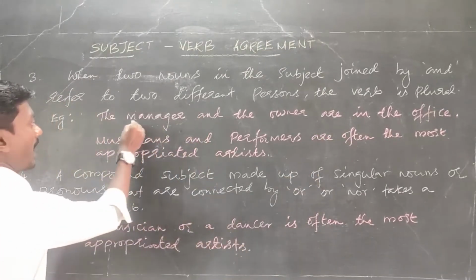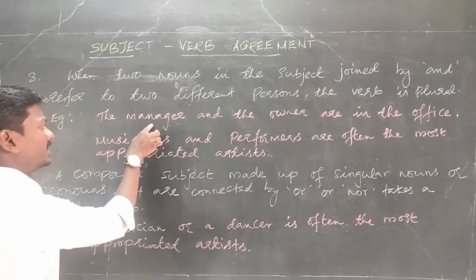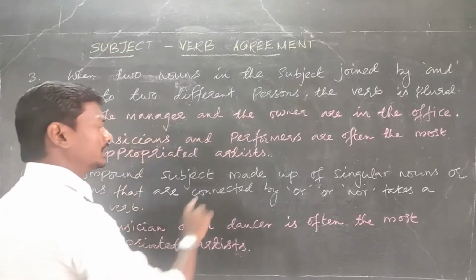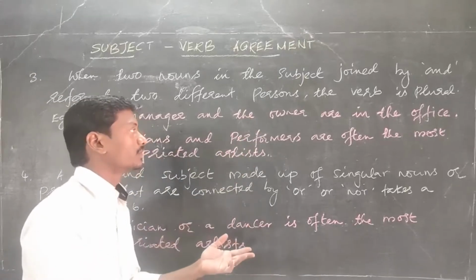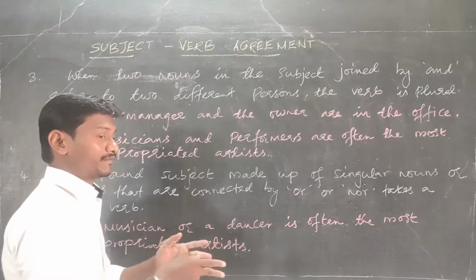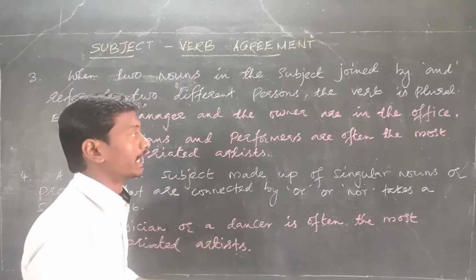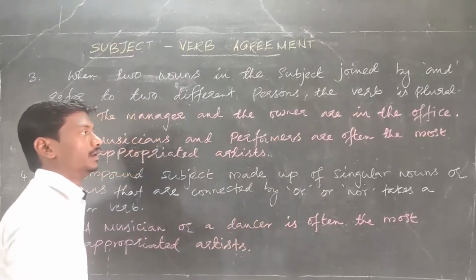Here, the manager and the owner. The manager is one person, the owner is another person. They are not the same person. If the same person comes, we write a singular verb.